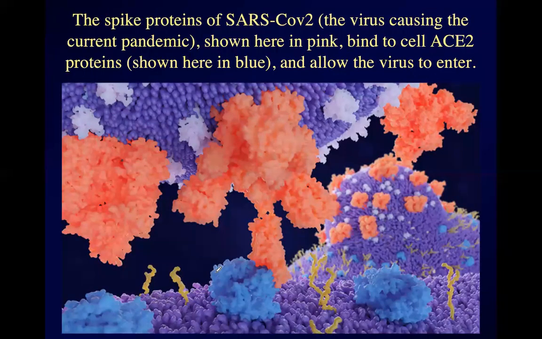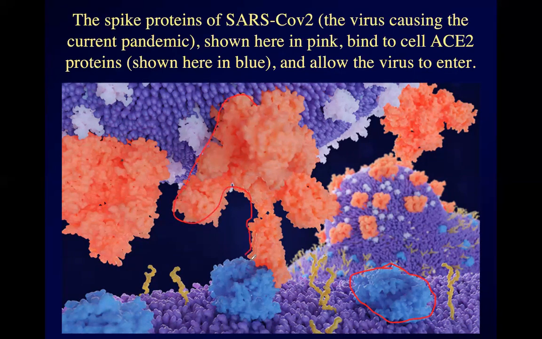What you're looking at here is a computer graphic picture. There's a host cell down here, and each of these blue things is one of these ACE2 receptors. Up here at the top is a coronavirus particle, and in pink, these are the spike proteins.